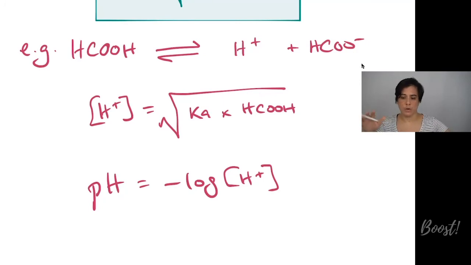We can transform that into our new equation. Here we can see that we're effectively ignoring the HCOO minus because we're assuming that it's got the same concentration as the H plus. And so if we have Ka and HCOOH from the question, we can easily calculate the concentration of H plus and then put it into our pH equation to calculate the pH of our weak acid.